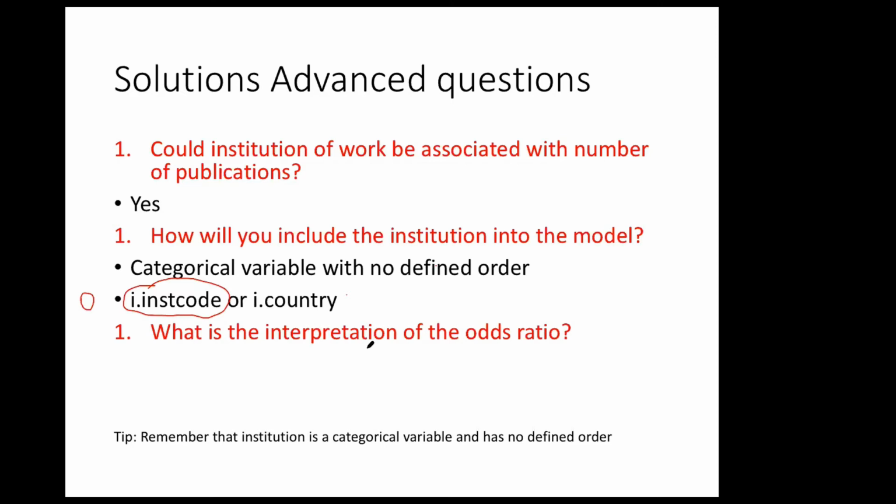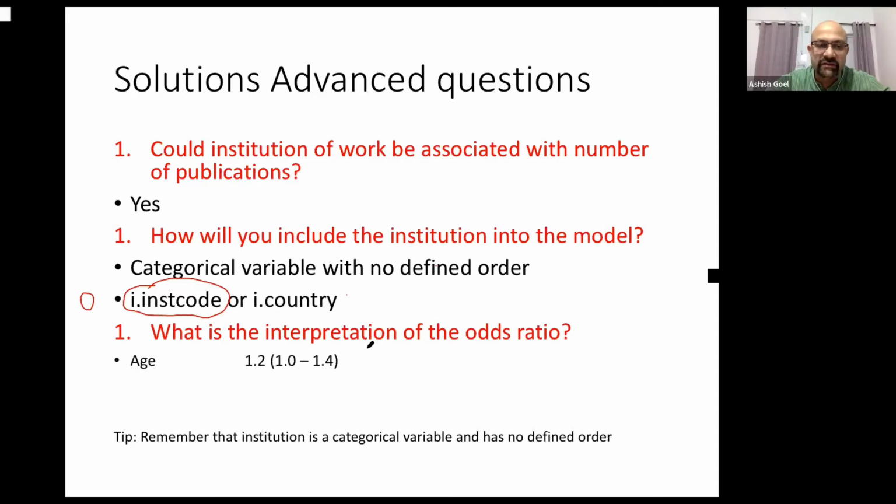So our last question on this was, what is the interpretation of the odds ratio? In the last model that I did, you might get different results. Obviously, what we are trying to get is the odds ratio 1.2. It means for one unit change, or for every year increase in age, there will be 1.2 times the odds of publication than the previous age.